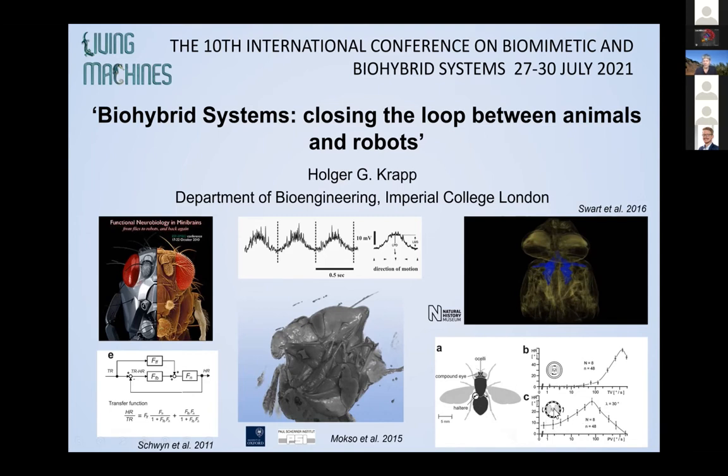Here you can see on the y-axis the performance in gaze stabilization against the speed of a stimulus. The visual system works at around 100 degrees per second, while the mechanosensory gyroscopic halter system is working at roughly 1 order of magnitude higher and can respond to very fast stimuli. And of course, the question is, how are these different sensor systems combined so that ultimately the behavior is adequately controlled?